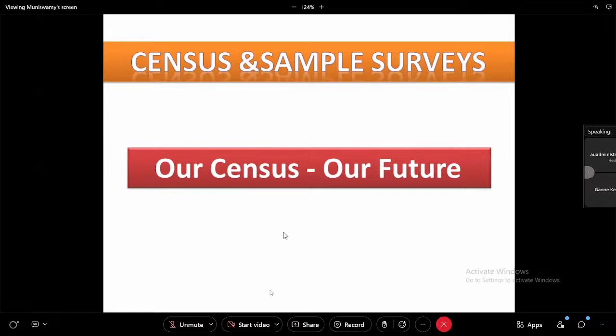These problems are there, right? That's why we have to gather information on each and every unit. That means individuals, that means households. Information we are gathering, right?